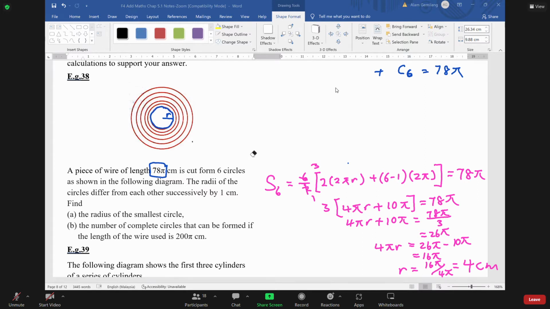So how many circles can be formed if the length of wire used is 200 pi cm?